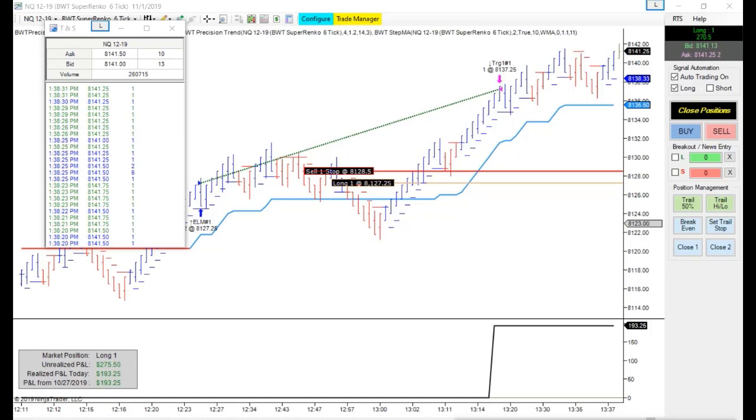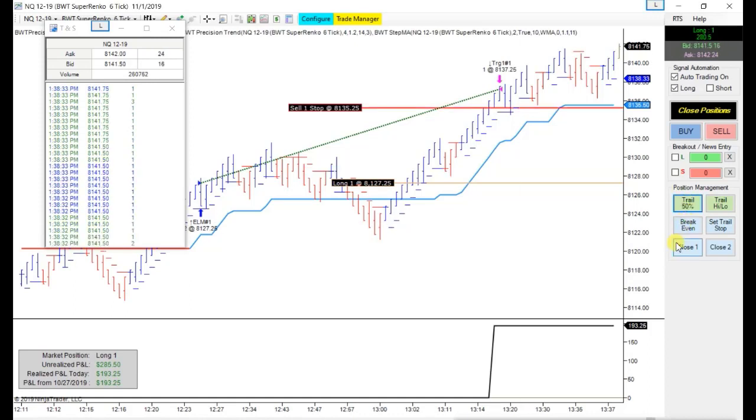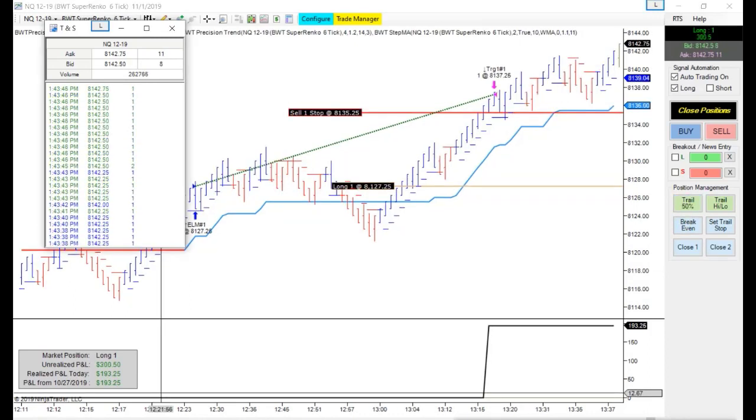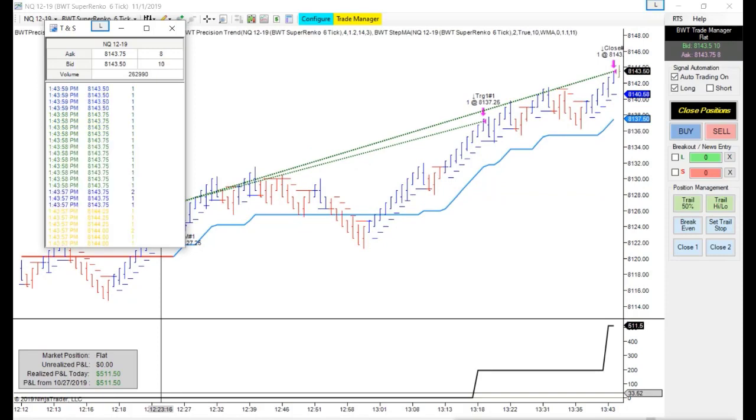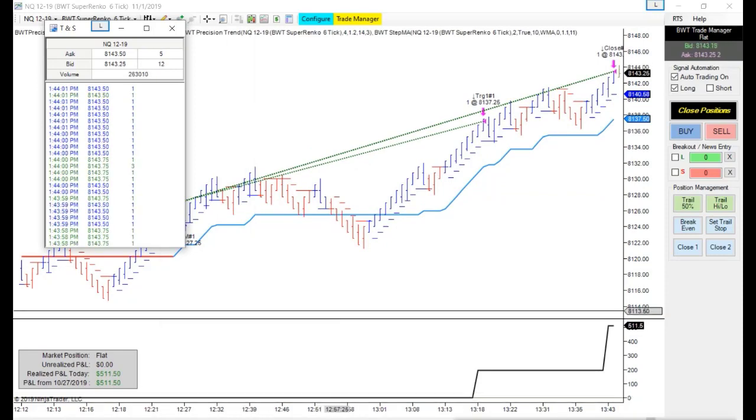All right, I'm gonna trail closer. And here is daily target on this account with nice positive slippage.